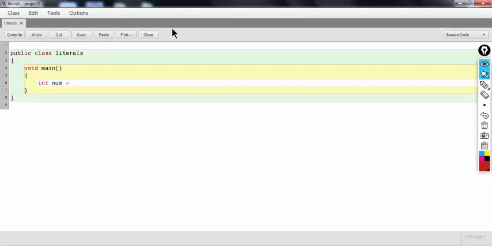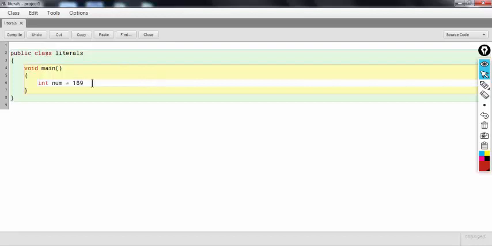The name of the variable is num. Inside this num, I can store integer numbers because the type of num is defined as int. So I can store integer literals here. So we can store something like 189.